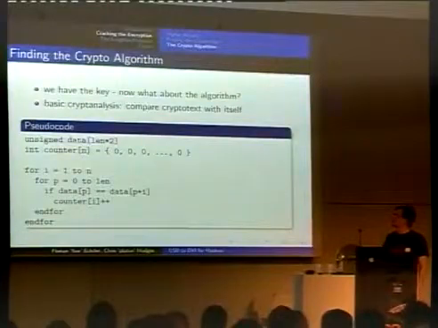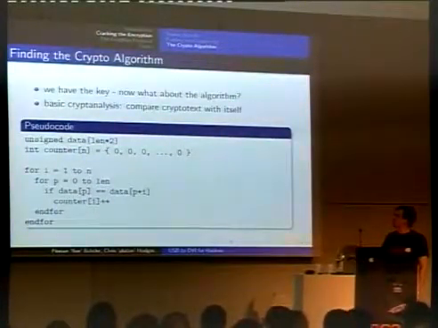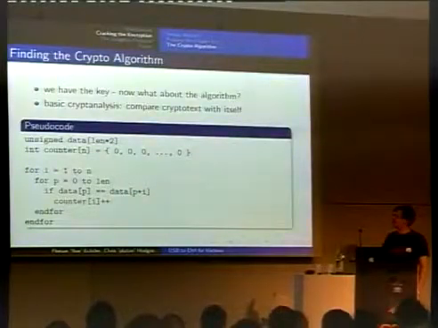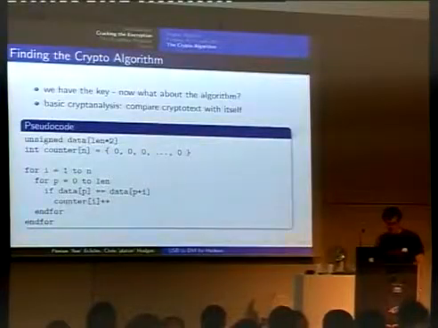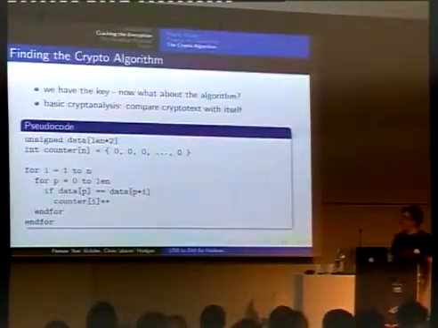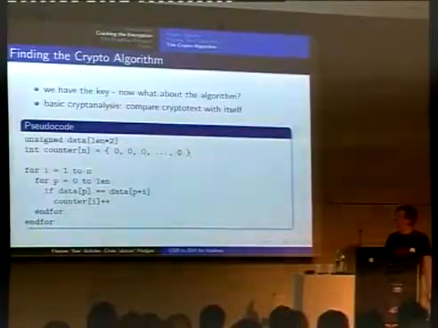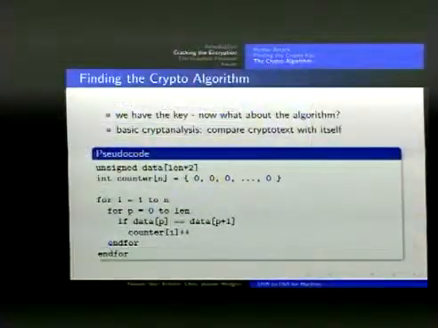So you take some buffer of crypto data, and for half of the length of this buffer, you just compare byte in location 1 to byte in location 1 plus some certain offset. And if these bytes are equal, then you increase a counter. And the results were quite convincing.